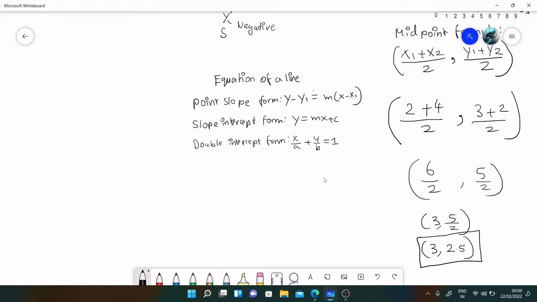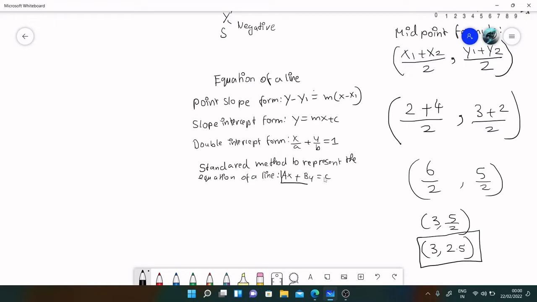But because we have these three different methods, don't you think we need a standard way in which the answer would finally be represented? The standard method to represent the equation of a line is ax plus by equals c.